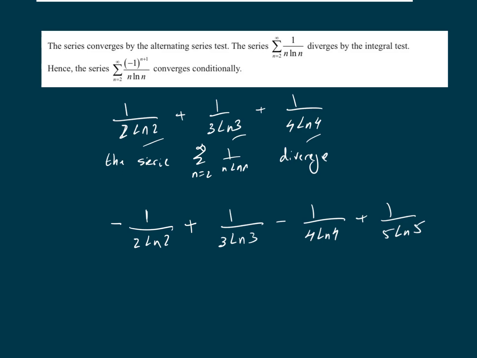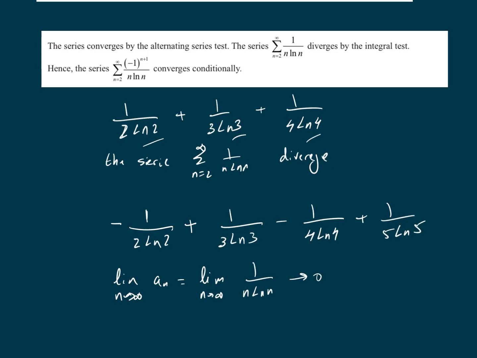Is this an alternating series? Yes: negative, positive, negative, positive. It's an alternating series, and it converges if two conditions are met. The first condition is that the limit as n goes to infinity of a sub n, or the limit of 1 divided by n natural log of n, has to go to 0.